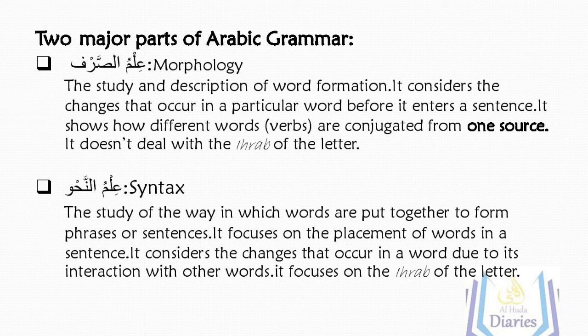It focuses on words and the haraka on the last letter of each word in a sentence. That is, it focuses on the i'rab. But what is sarf? Sarf focuses on how different words are conjugated from one source, and it defines the haraka of every letter in a word except the last letter. That is, it does not deal with the i'rab of a word, unlike nahv.